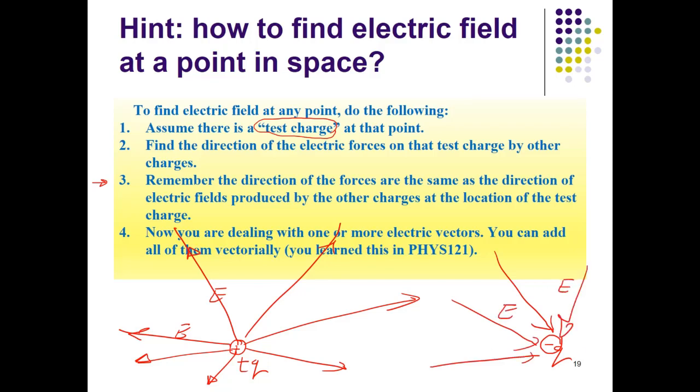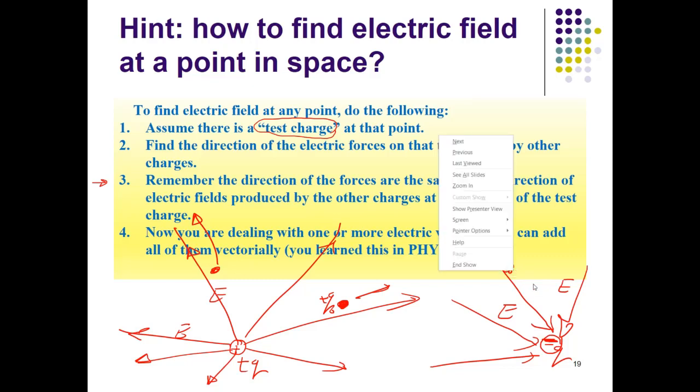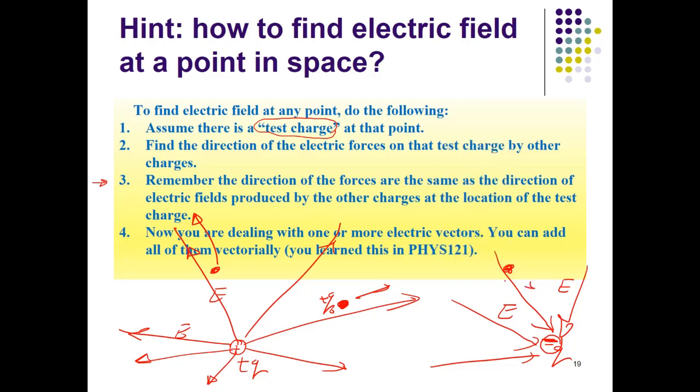We explained it: if you put a test charge somewhere here, remember the test charge is positive, that test charge will move this way. If you put it here, the test charge will move that way. But in the negative case, if you put a test charge here, the test charge is positive, so it will experience a force that moves it toward the actual charge. So it's going to go like this.